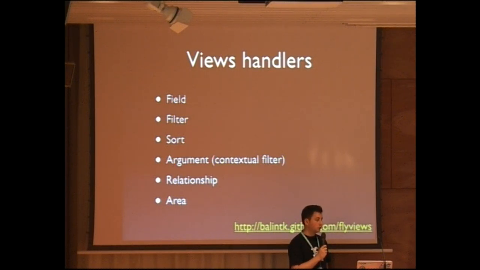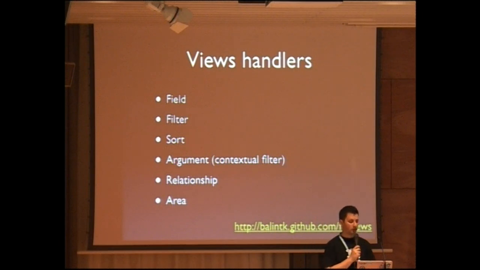In our use case, we're going to add arguments to the request. I'm not talking about arguments in the Views terminology, I'm talking about the arguments for the request URL. There are also argument, relationship and area handlers in Views, but this presentation will not touch those. You can find many examples in Views.